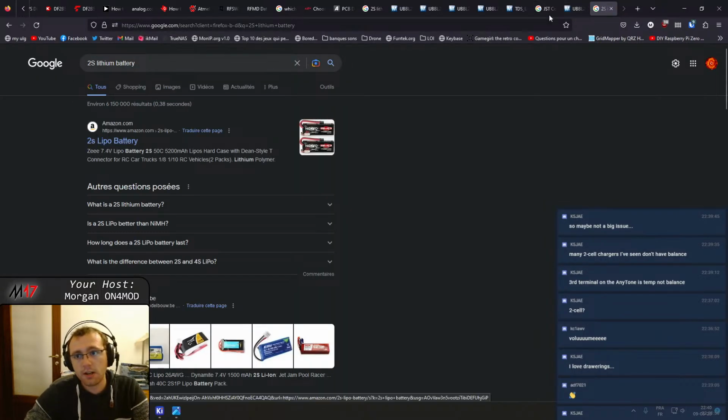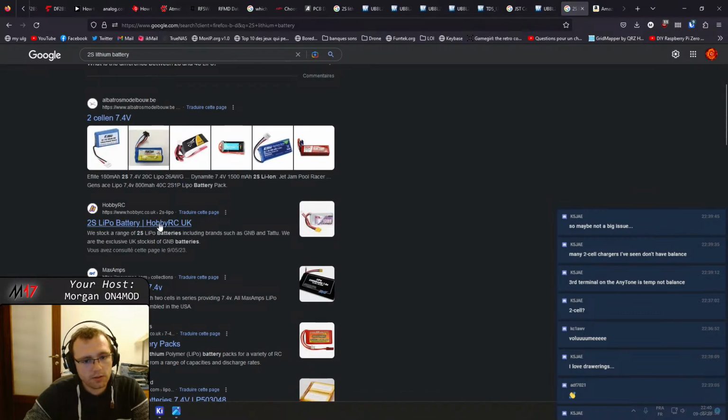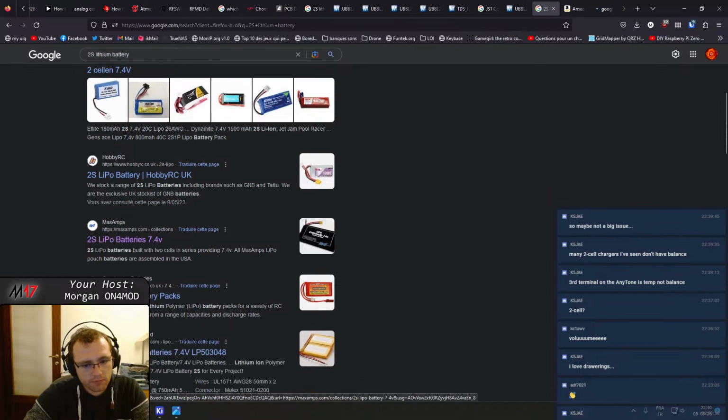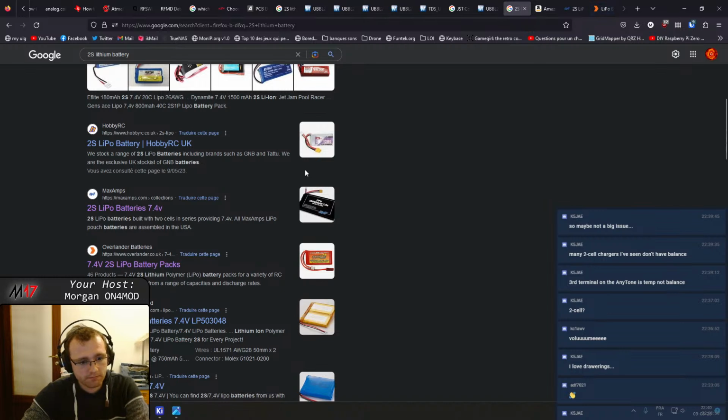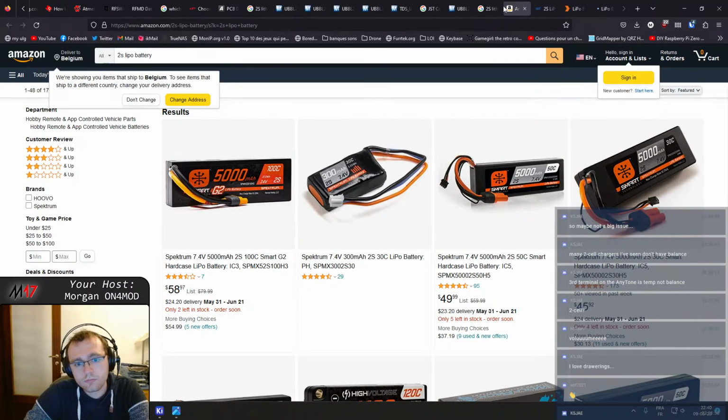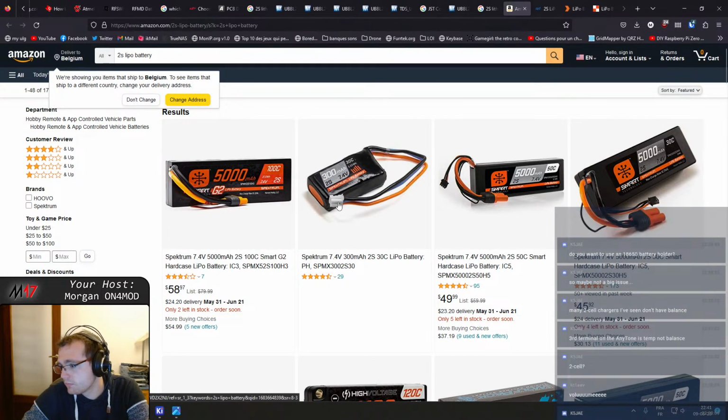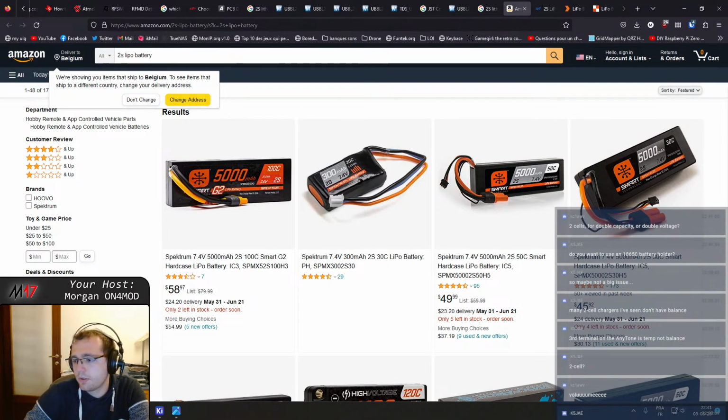Of course Amazon is going to pop up, but we will have a look, and then it's mainly for RC hobbyists. 2 cells for double voltage, so it's in series.